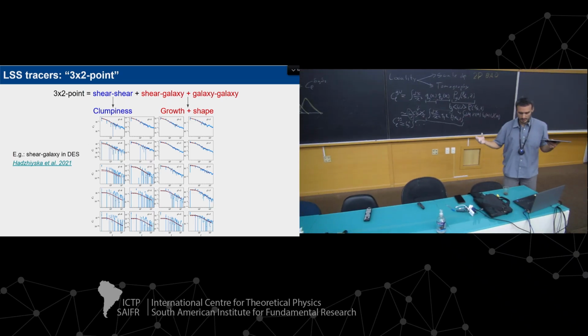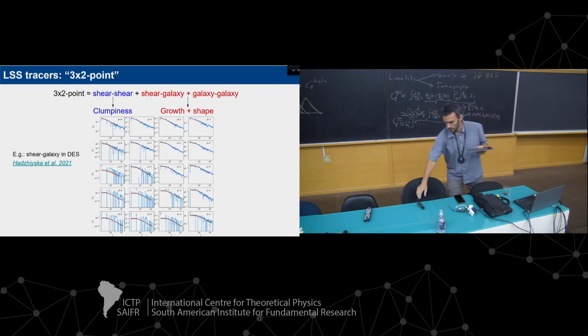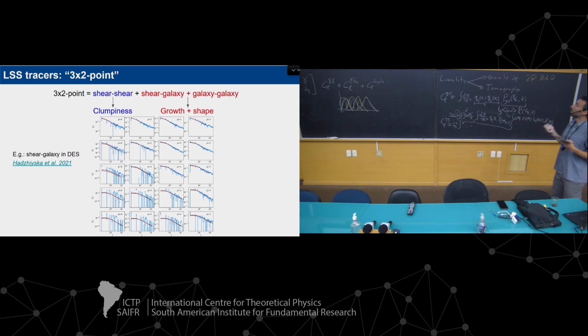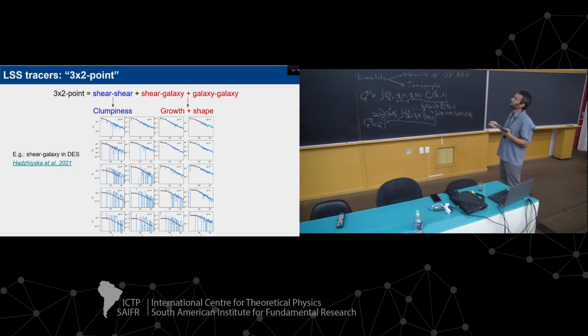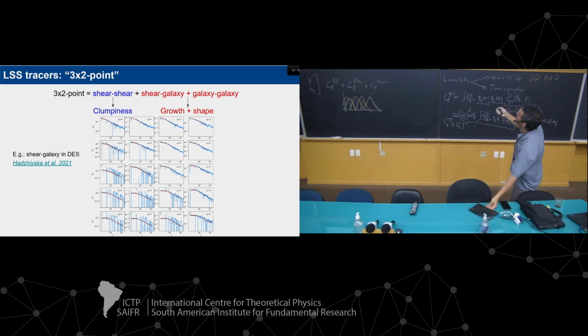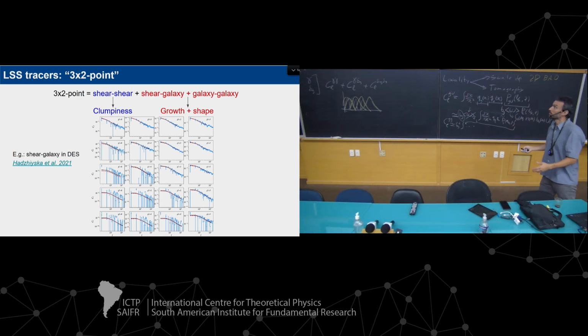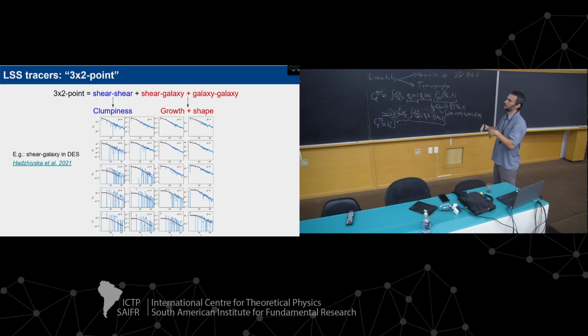So how do we extract information from 3 times 2 point? And I think we know everything we need to know in order to guess that. My picture of it, which others might contest, because there's a mixture of information in all of these cross correlations, but I think the shear autocorrelation, the main thing it tells you about is the overall clumpiness of the universe, so how large the density fluctuations are.